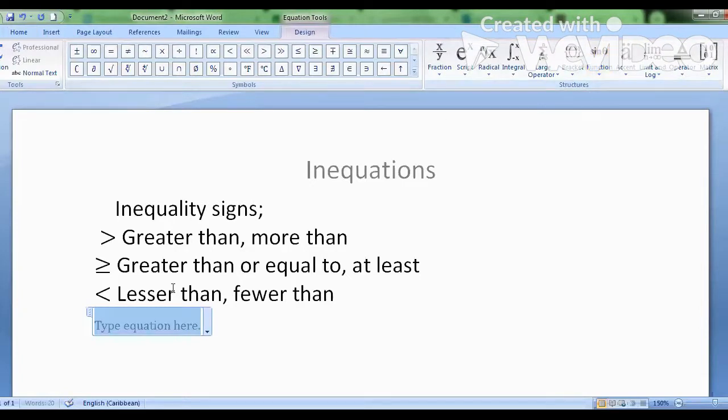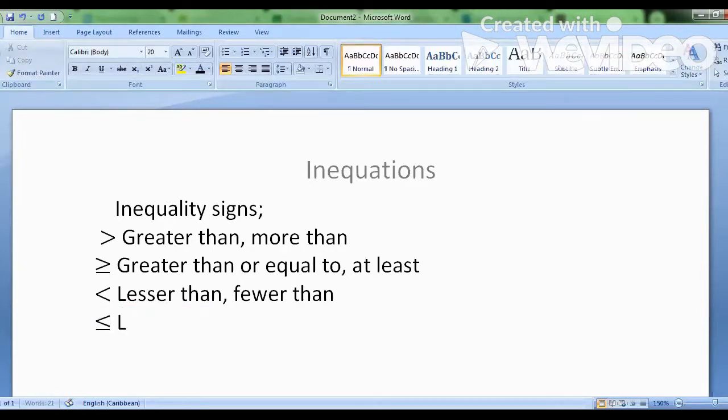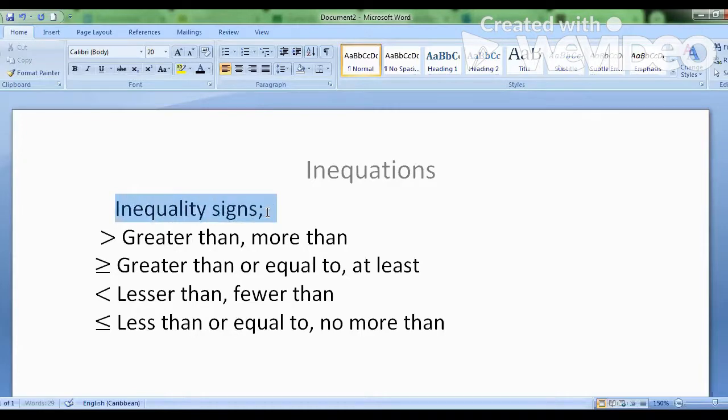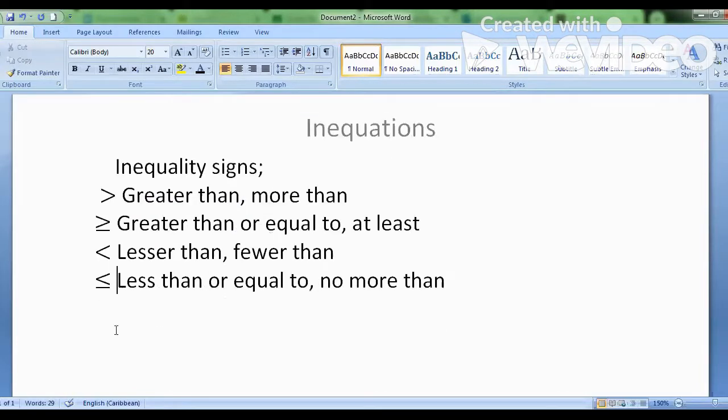And last but not least, we have less than or equal to, or you could say no more than. So those are some word phrases we use to represent these. These are what we call inequality signs.